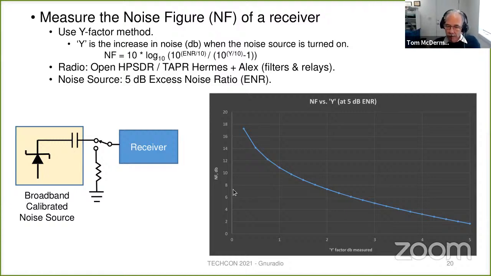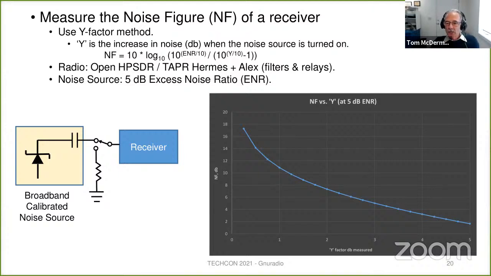So by measuring the up and down in GNU Radio, we just hook up the receiver, we run the output broadband noise, even without any DSP, right into the spectrum analyzer, and we look at the level, and we flip that switch back and forth, we can actually measure the noise figure.